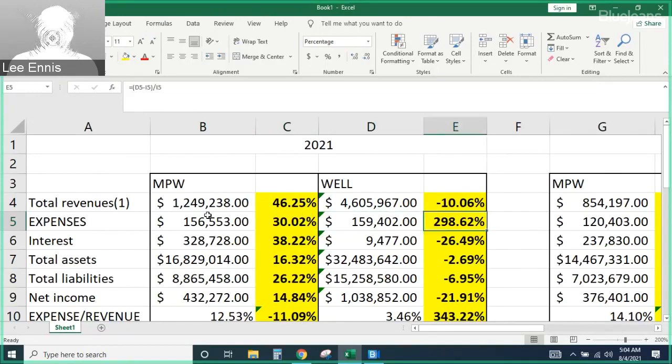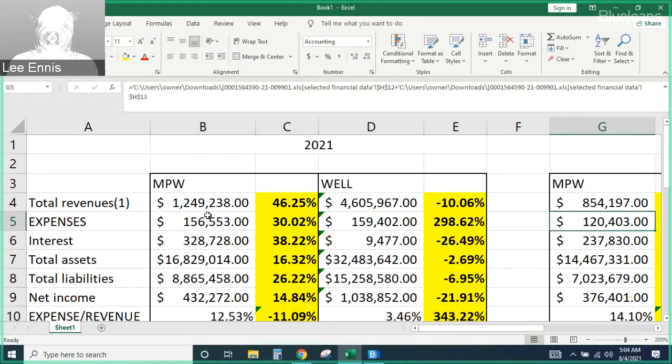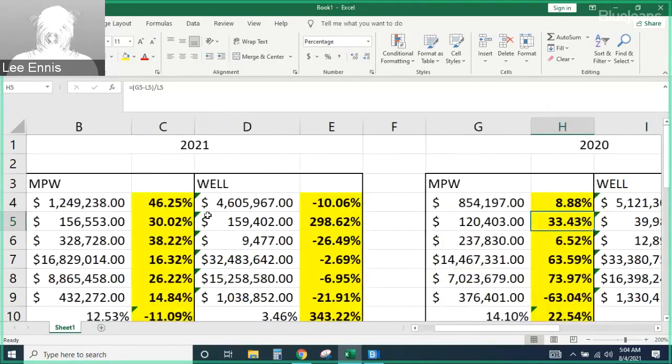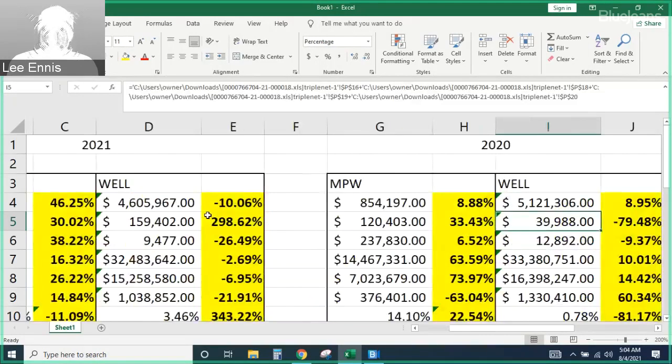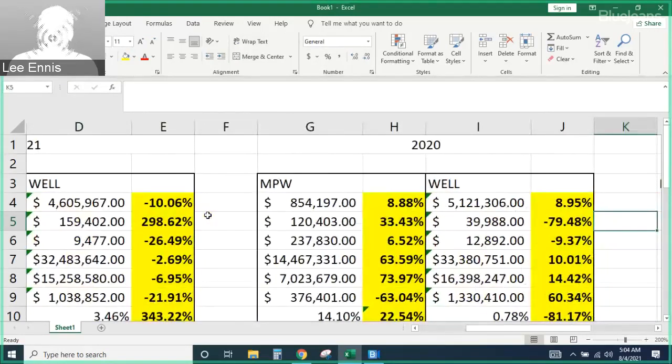30% in 2021 is the increase, and 30% in 2020 is the increase for MPW. For Welltower, you see there's a huge jump of almost 300% in 2021, but then we have a pretty big drop in 2020 of almost 80%.